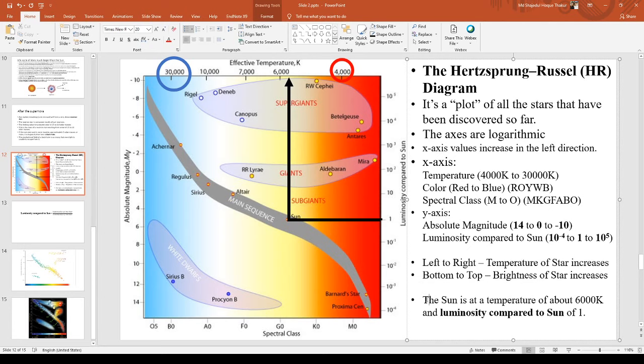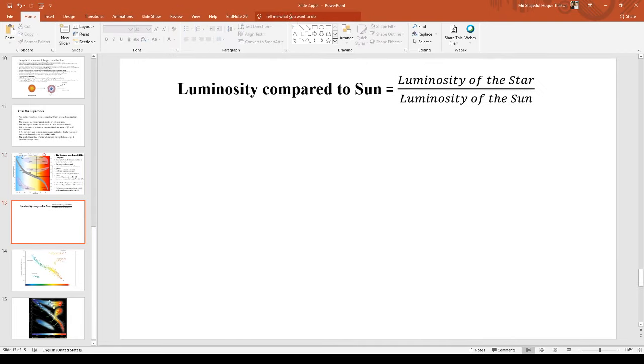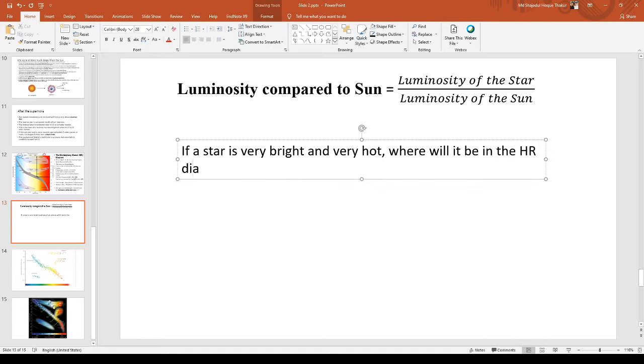If these are clear, now tell me, let me just pull this up. Tell me this: if a star is very bright and very hot, where will it be in the HR diagram?